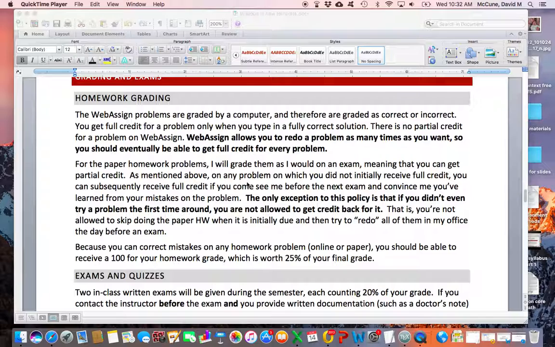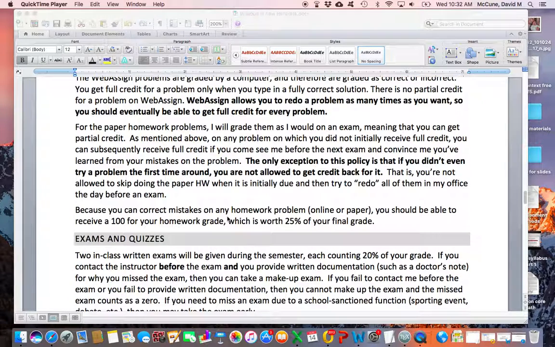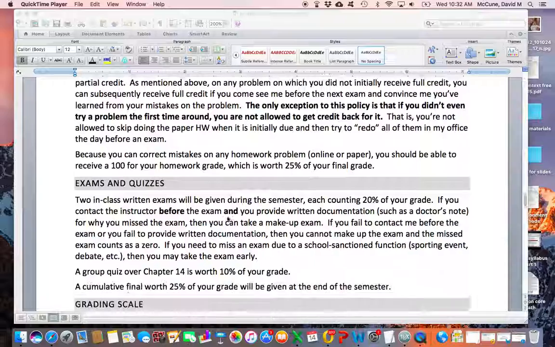Convince me that whatever mistake you've made on that paper, I will not see that same mistake on an exam. If you do that, I will give you full credit back. The only exception is, you have to make an honest try the first time around. You cannot give me a blank sheet of paper and then try to correct it later. It's not how it works.